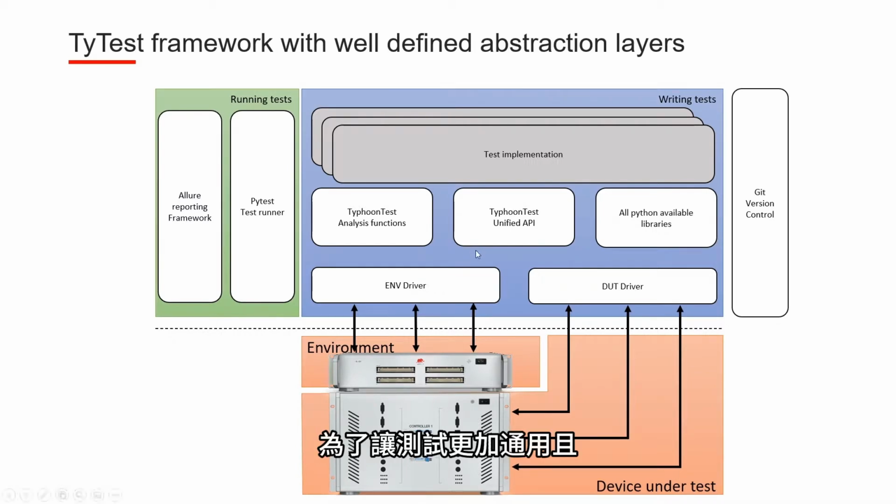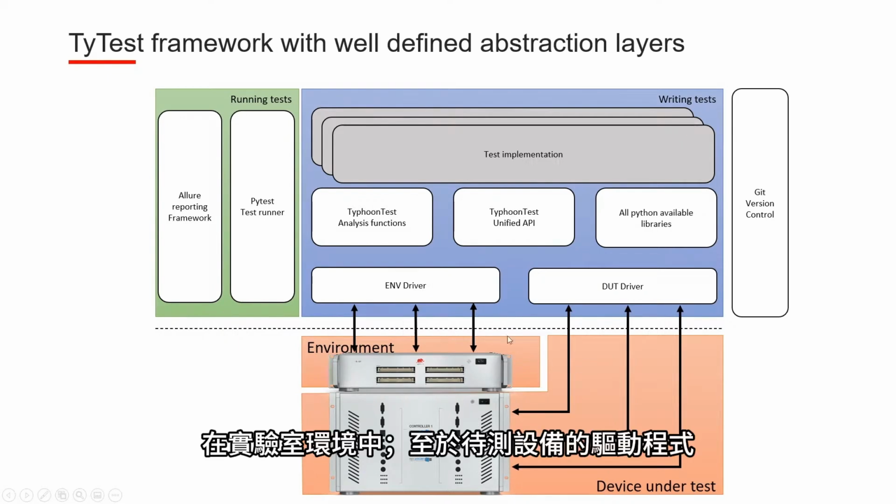In order to make the test more generic and be able to easily change the environment where we are running and also the device in our test, we are using drivers to interface with those. On the environment driver, it's where we are sending the commands, in this case to the HIL, but you can potentially change the environment to be, for example, the lab, so you could run the same test in the lab.